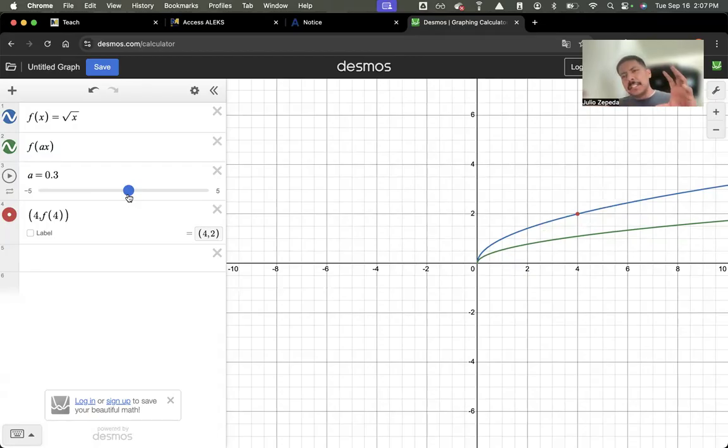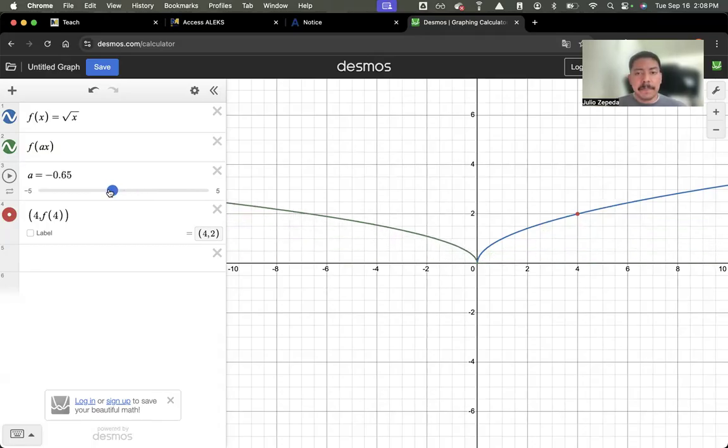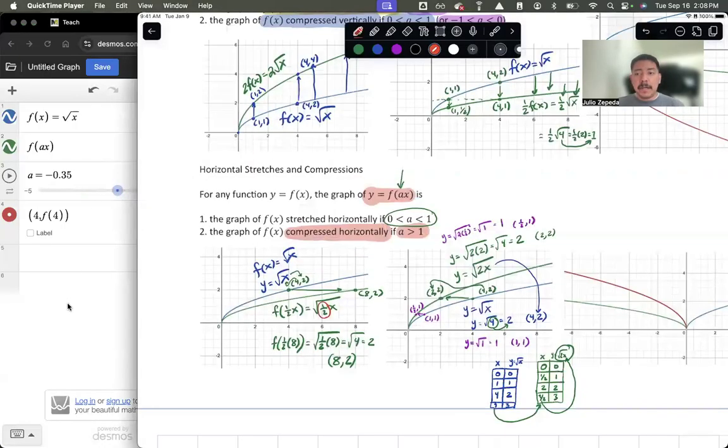That's going to look a lot like a vertical compression. But they are different, and it does matter for some graphs, though they look very similar in this case. And if A was a negative value, it's just going to be reflected about the y-axis.